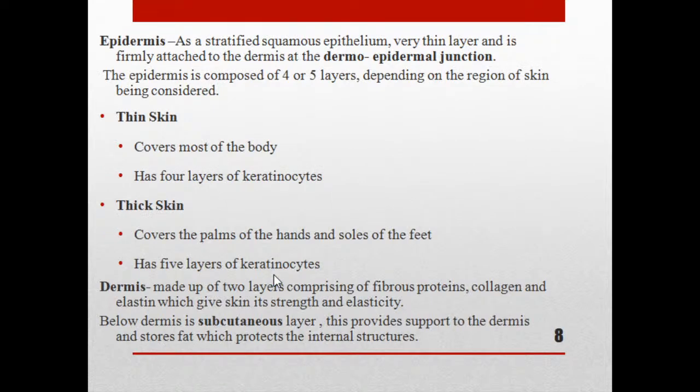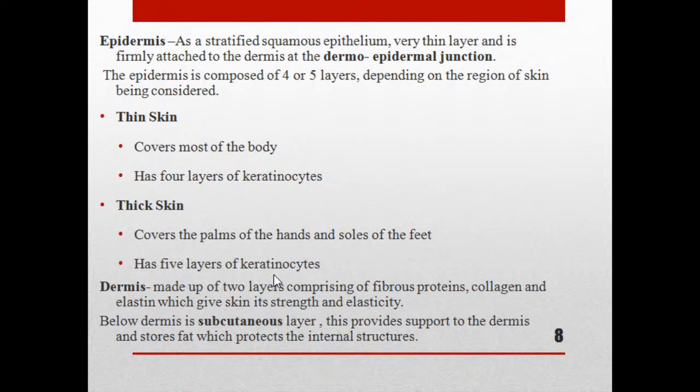What is epidermis? Epidermis is stratified squamous epithelium, a very thin layer firmly attached to the dermis at the epidermal junction. The epidermis is composed of 4 or 5 layers, depending on the region of skin being considered. Thin skin covers most of the body and has 4 layers of keratinocytes.